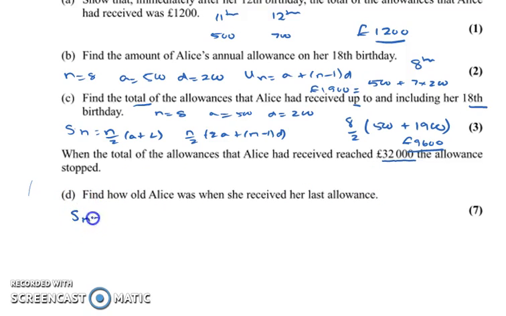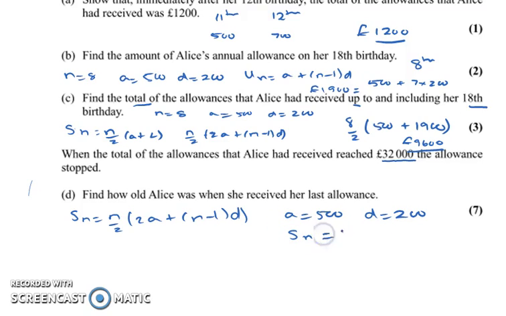So we've got Sn equals n over 2, 2a add n minus 1 d. A is still 500, d is still 200, and this time we know that the Sn has reached 32,000.